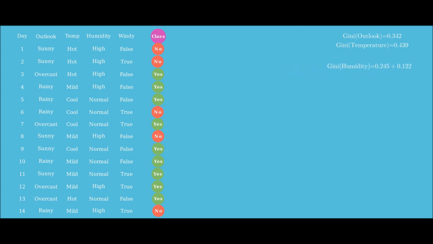Now Gini index for windy value false would be calculated.